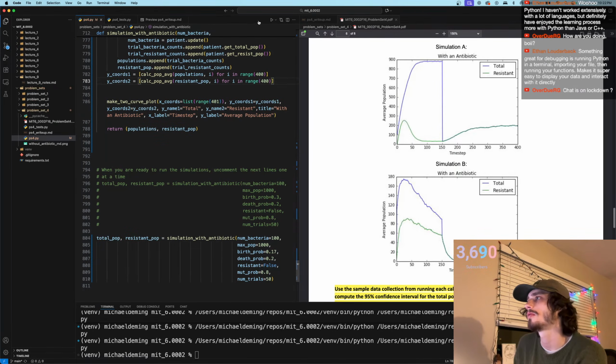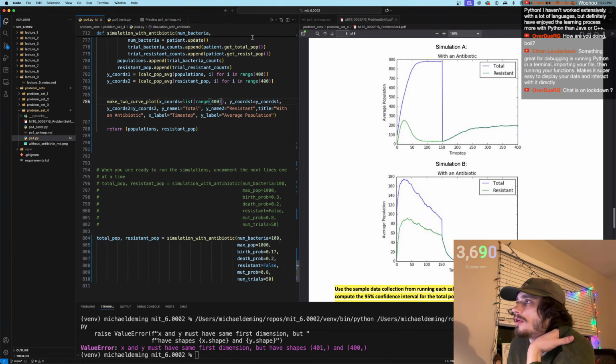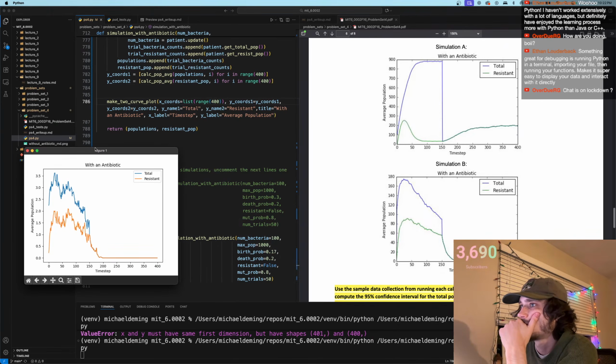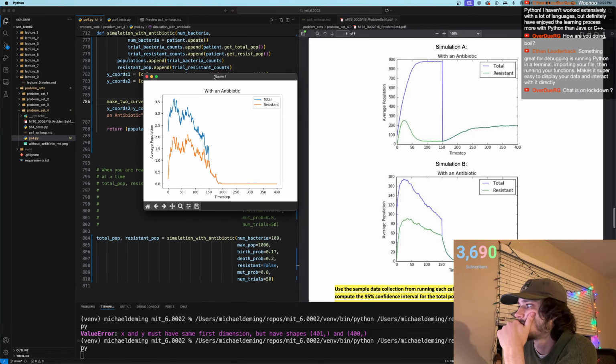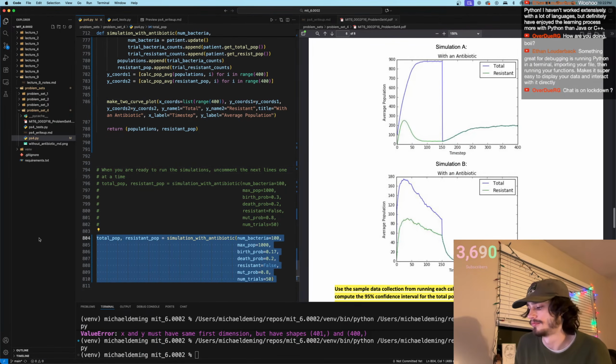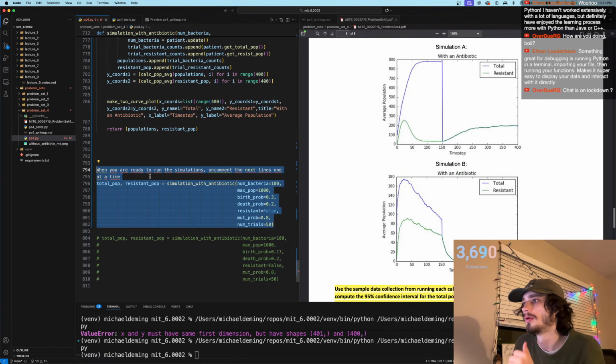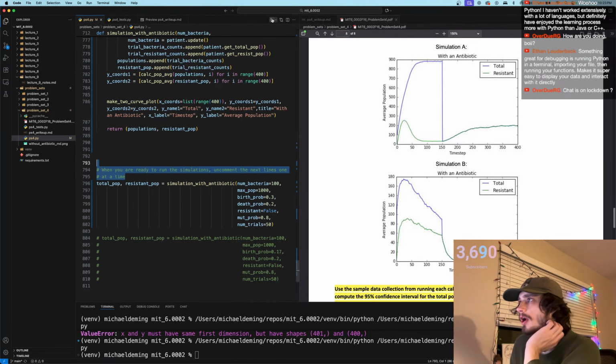So I wonder, maybe our thing is just wrong here. There's 400 here. Right. So our average population is not being computed correctly.